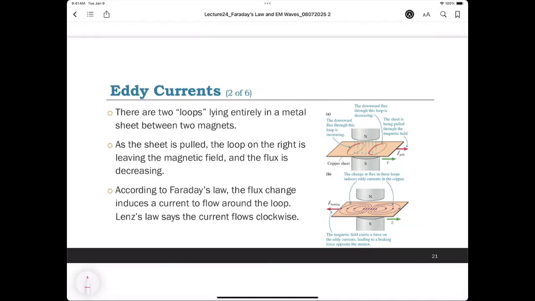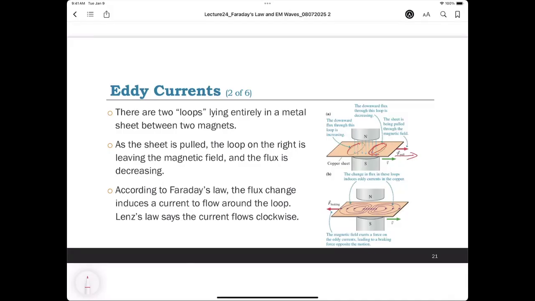As the sheet is pulled, the loop on the right is leaving the magnetic field, and the flux is decreasing. You can see if you pull out the sheet, the loop on the right is leaving the magnetic field, and the flux is decreasing. Does it make sense to you?